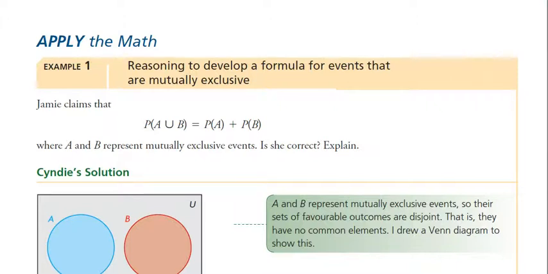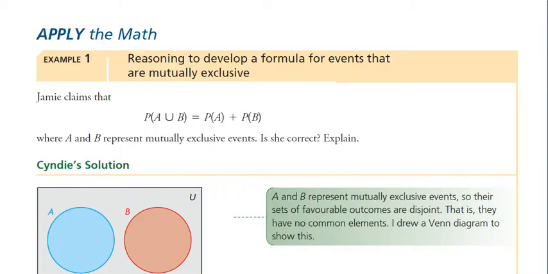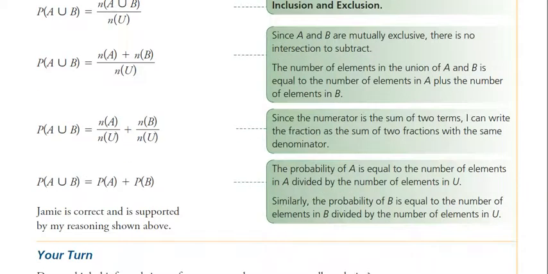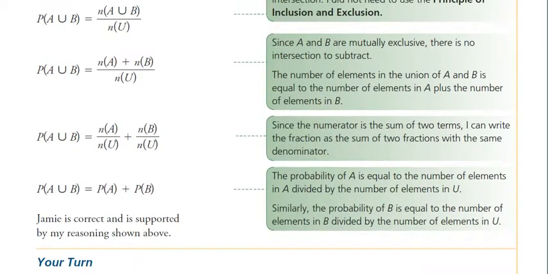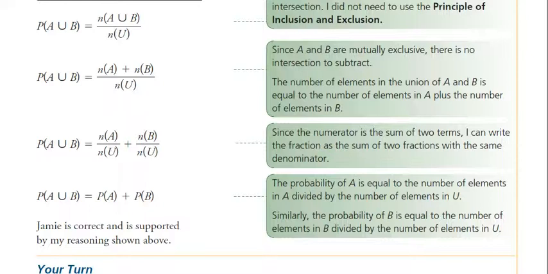Here's how they develop the formula, which is actually kind of interesting, because it goes back to numbers. If you remember, probability is the number of favorable over the total number of outcomes. So it's the number of A union B over the number in the universe, which is in the box, which is the number of A plus the number of B. Remember, or is associated with the operation plus.